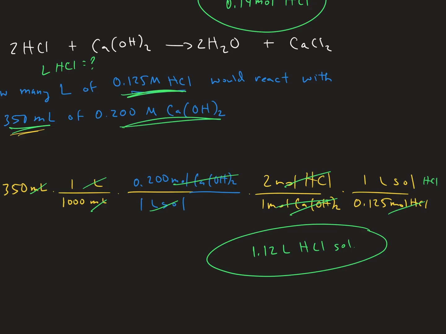We're just canceling units until we get the unit we're looking for. And I still come to problems and say, okay, how do I do this? What do I know? What am I looking for?